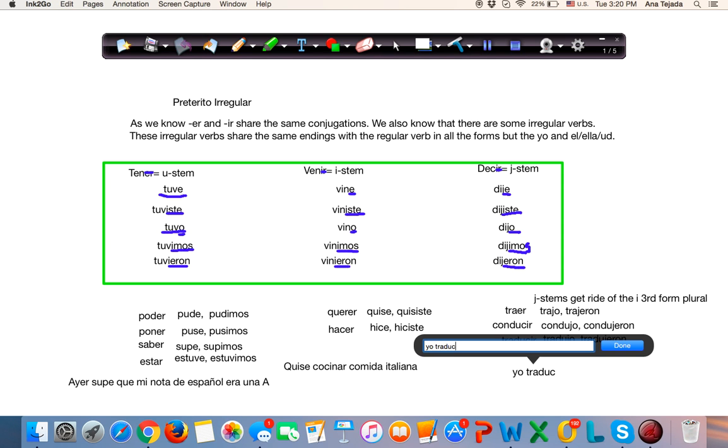Yo traduje un documento. Notice how it's just a matter of knowing what the conjugations are to be able to form very simple sentences in the past tense.